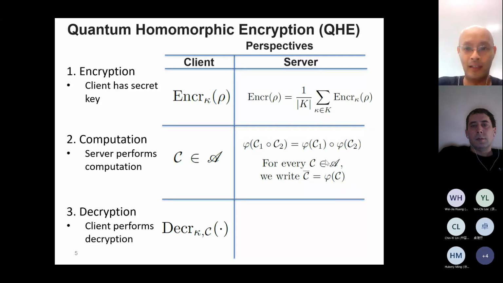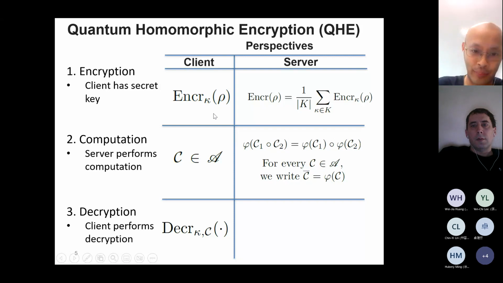Now I can start to discuss what is quantum homomorphic encryption. Quantum homomorphic encryption describes a specific type of secure delegated quantum computation where you have this client and server, and the client is going to first encrypt the state rho with a key kappa.